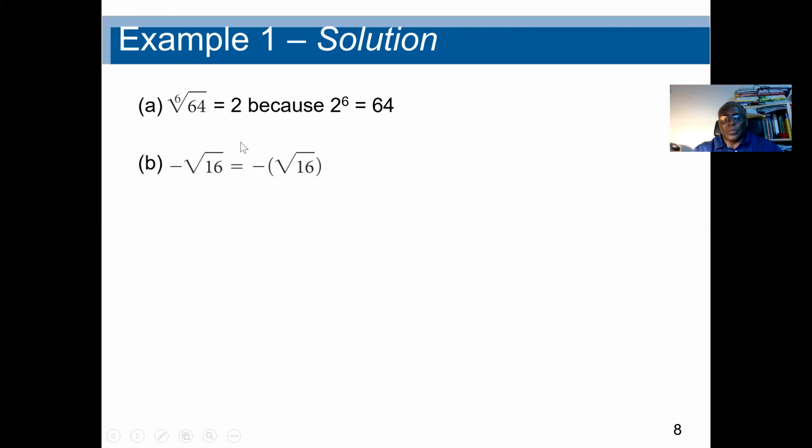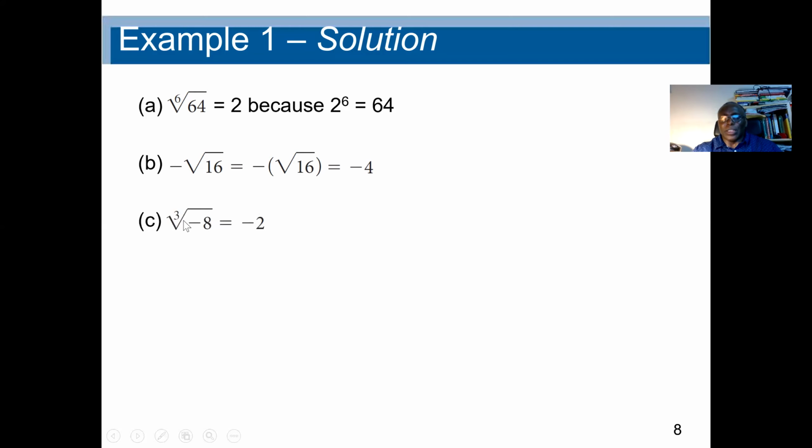The next one, the negative does not affect, it's not inside the root or the radical, in this case square root. So this is okay. We can write it as following, and we can find the square root of 16, which is 4. Then we have a negative. Why is it 4? Because 4 squared is 16.